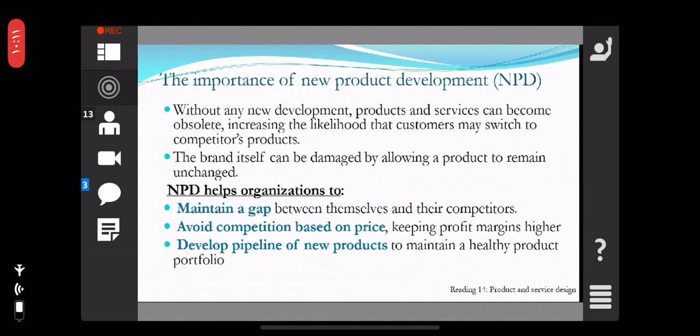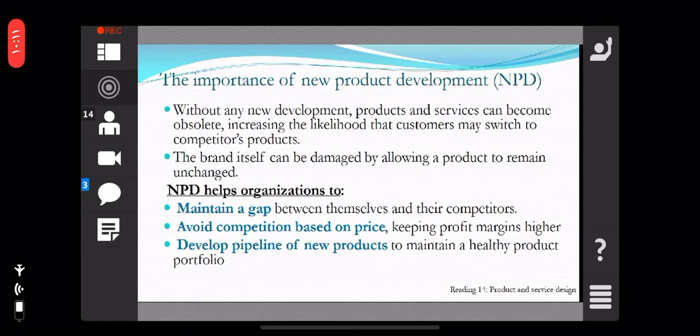Meaning, a gap between us and our competitors due to new product development. If we are developing our product or services, this activity is basically maintaining the gap between you and your competitors. So this is the main source.